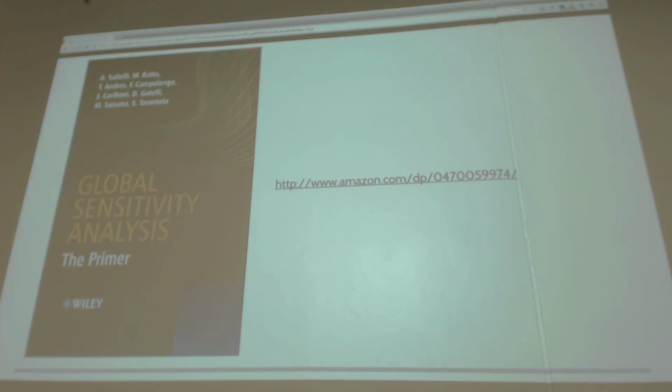The authors are statisticians. I think they work for some intergovernmental research panels, and they use these techniques to analyze worldwide economic models or industrial processes and things like that. So it's practical.